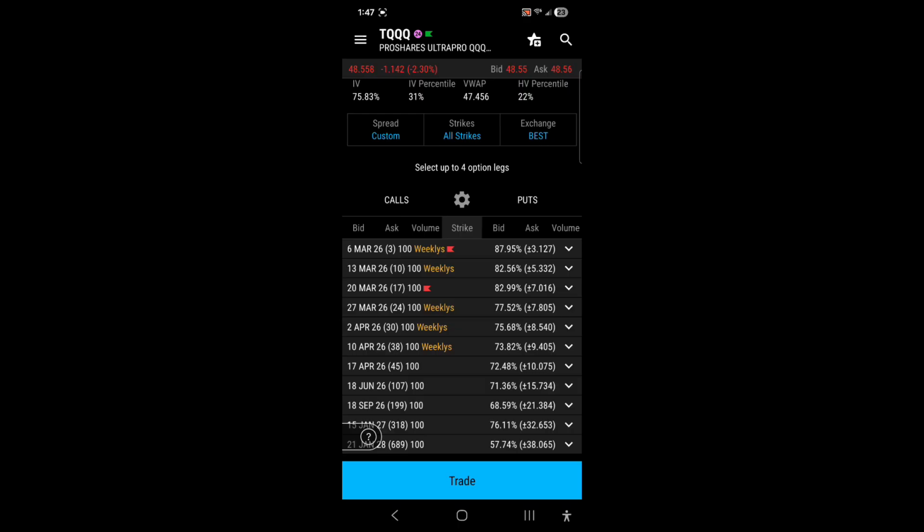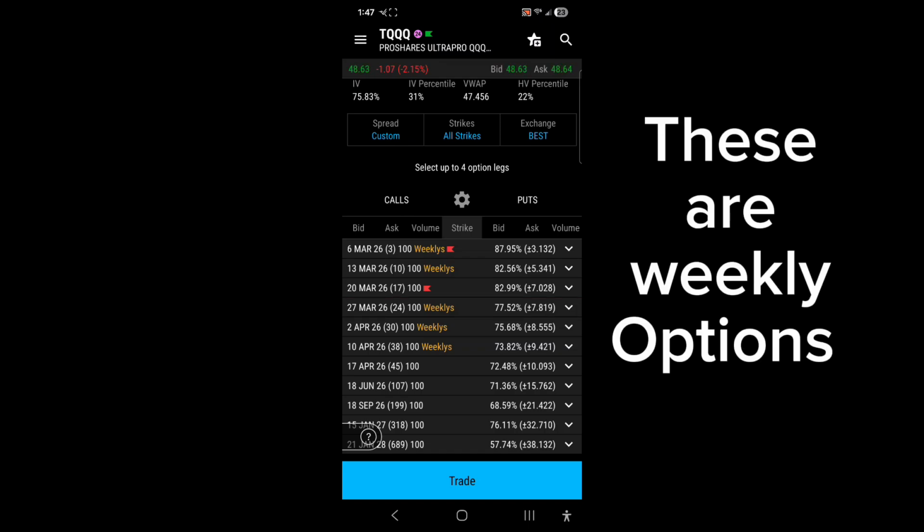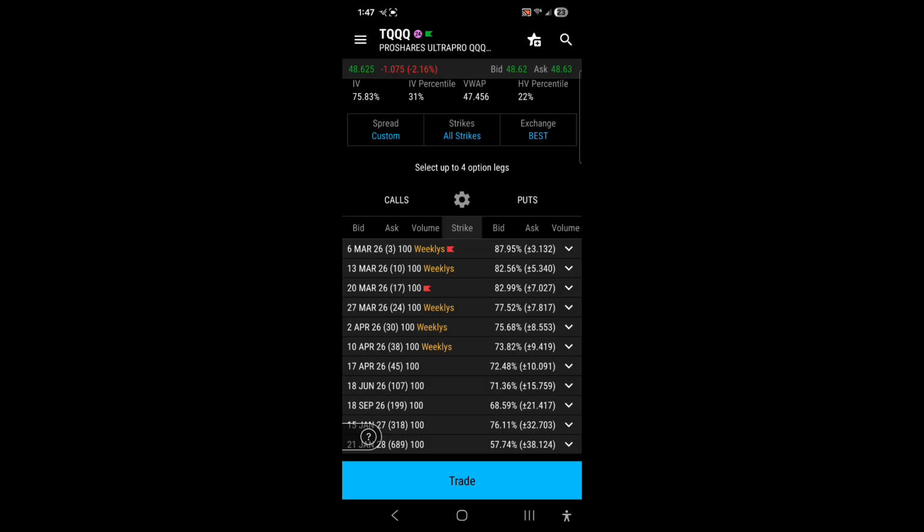Looking at TQQQ, it has March 6th, jumps to March 13th, jumps to March 20, jumps to 27, jumps to April 2nd, jumps to April 10, April 17. I can gather that these are weekly options. Okay, so looking at this option chain, I can infer that TQQQ offers weekly options, and those will become more important as I describe later on.